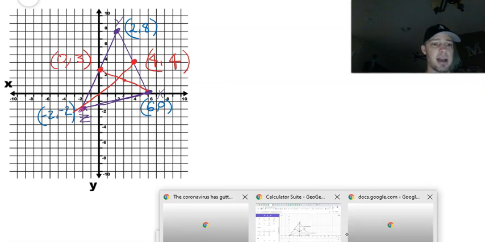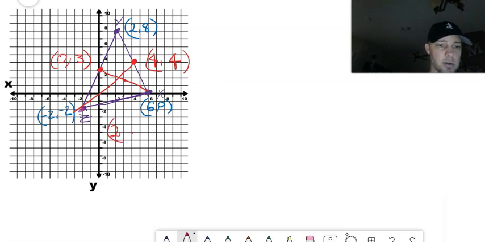And then for the last one, average these two. Negative 2 plus 6 is 4, 4 divided by 2 is 2. So the x-coordinate is 2, and negative 1 is what we get. So 2, negative 1 is right here. Oh, that's just straight down. So the intersection should have been somewhere around here. We're going to have to calculate this one to see.